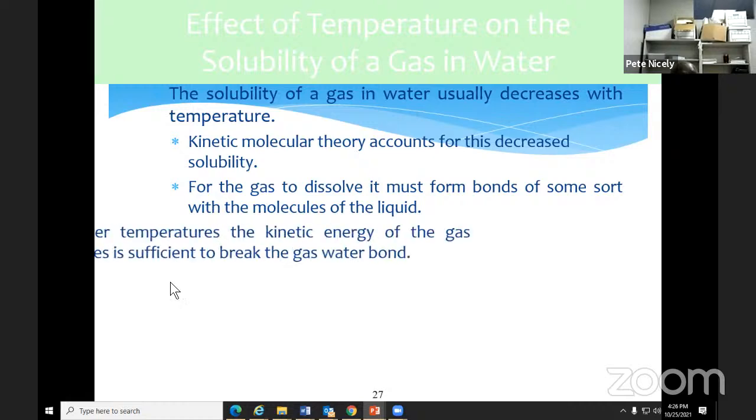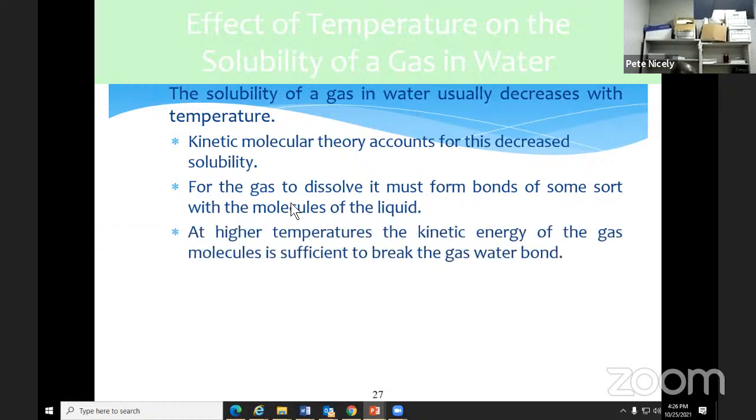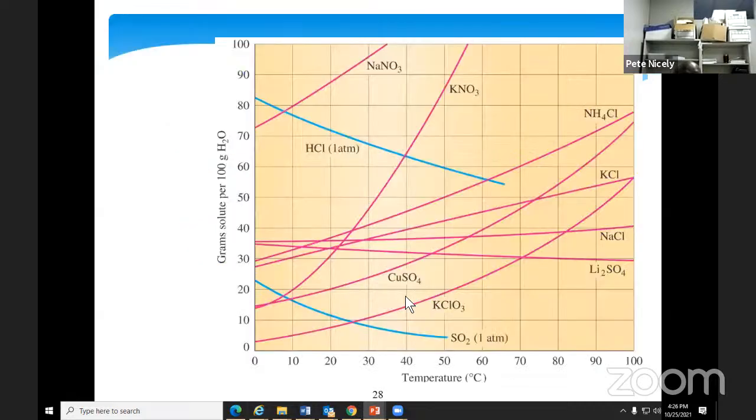But when the temperature increases, the gas molecules gain kinetic energy and therefore will have enough energy to release themselves from the association with the water molecules and escape. So that is what is being demonstrated by these two blue lines here, one for the hydrogen chloride and the other one for the sulfur dioxide.